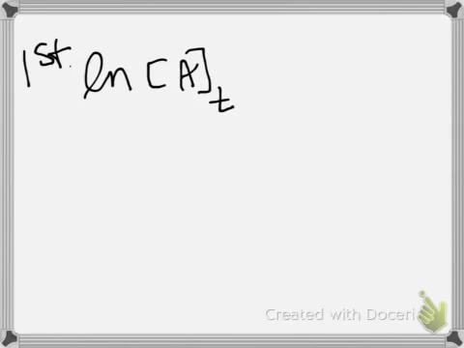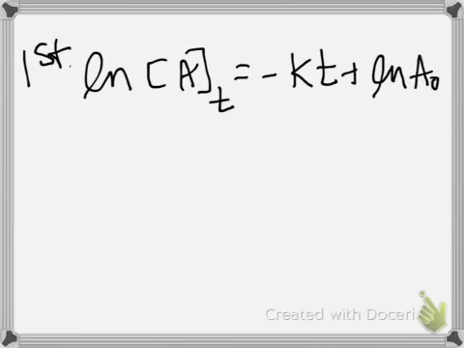The concentration of A after a certain amount of time has passed is equal to minus kt plus the natural log of the initial concentration of A. This is the integrated rate law for a first order process. Again, let's describe what all these variables are.